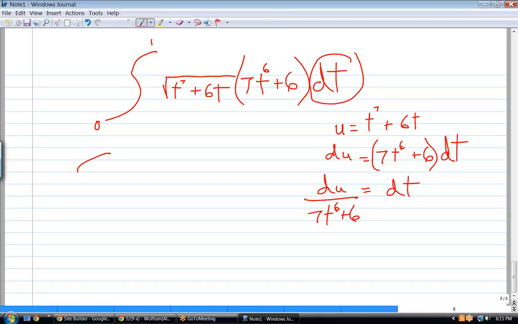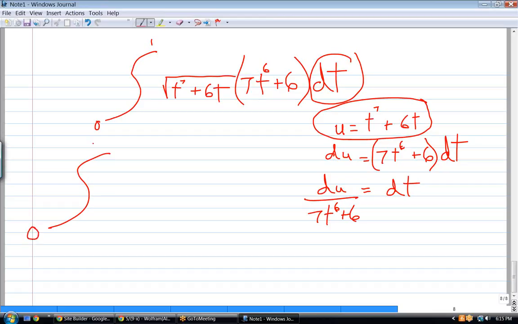Okay, so now let's write this as a u integral. I'm going to leave the limits of integration off for a moment because I have to explain how that works. Once we write this as a u integral, I actually have to figure out new limits of integration. Instead of going from 0 to 1, I'm going to go from 0 to 7, because that's what u does. When t goes from 0 to 1, u goes from 0 to 7.